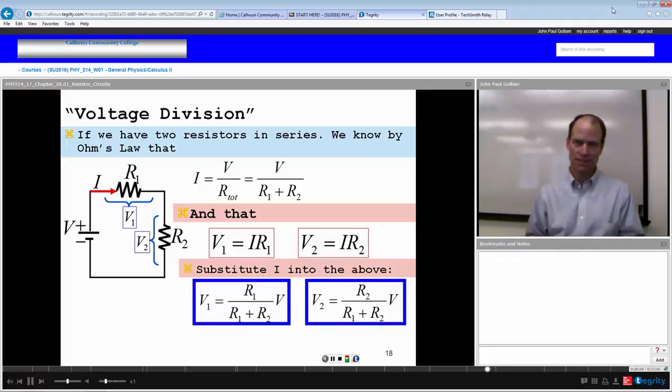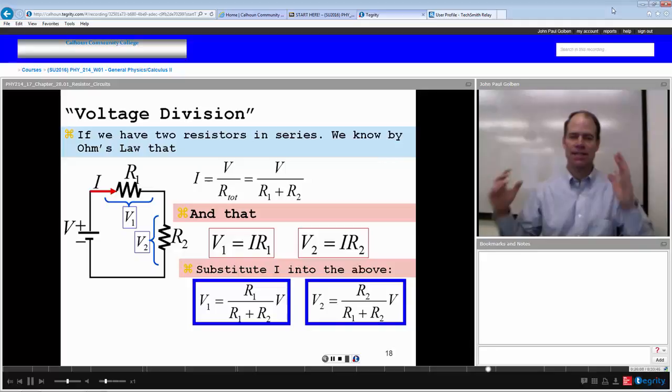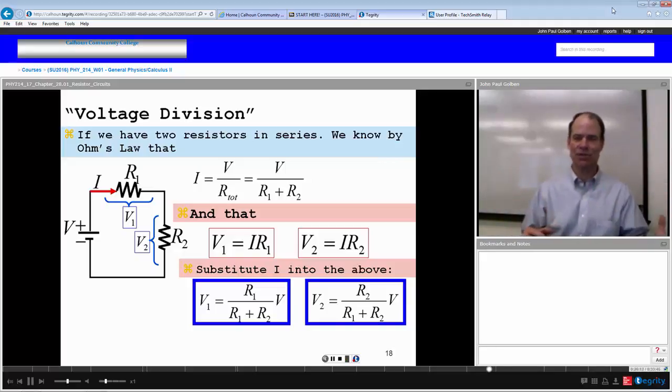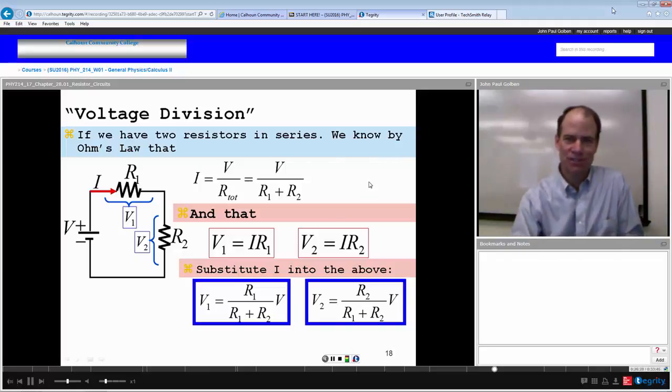For instance, if I had a 10 volt battery and I had a 4 ohm resistor and a 6 ohm resistor in series, the 4 ohms will have 4 volts across it, the 6 ohms will have 6 volts across it. Each resistor is going to grab its fractional share of the voltage available in that circuit. It's more intuitive than current division, that is voltage division.